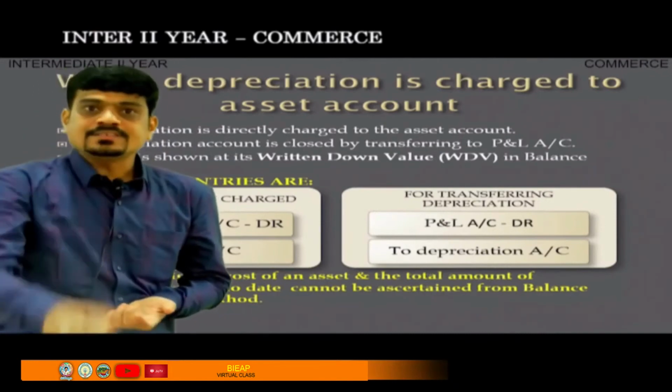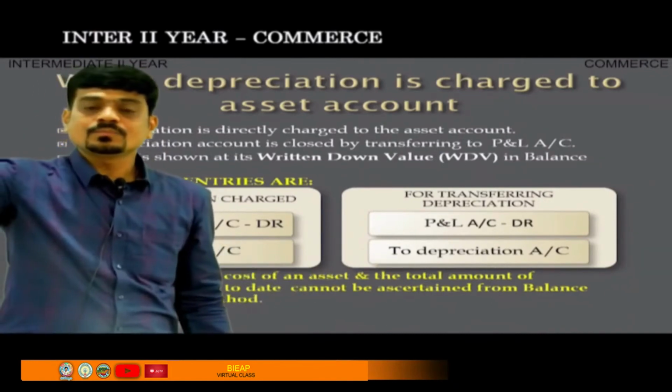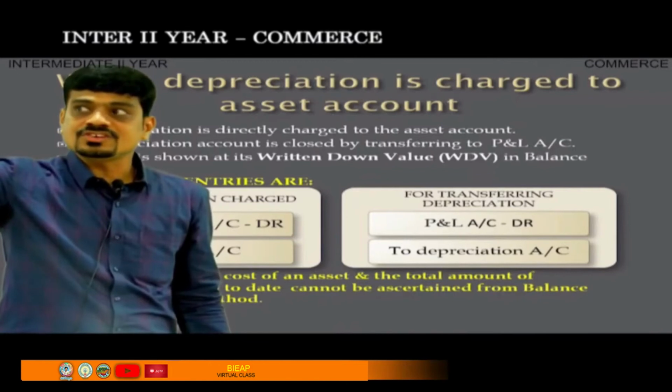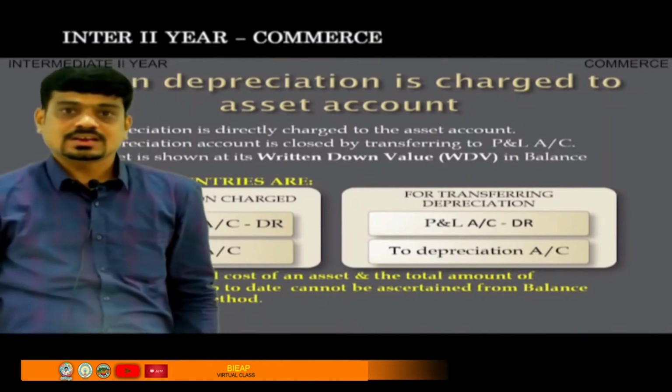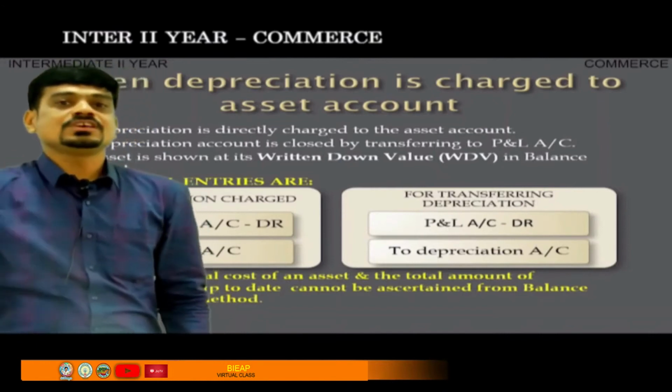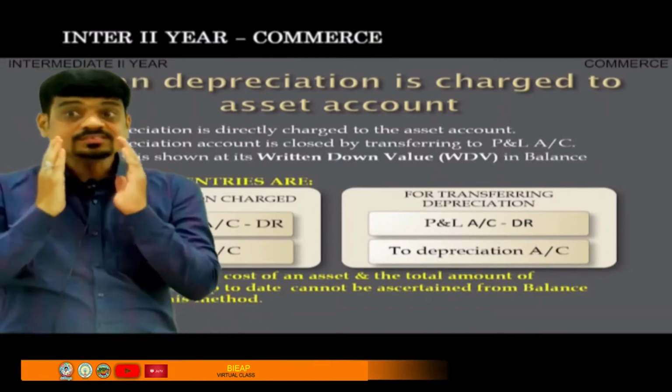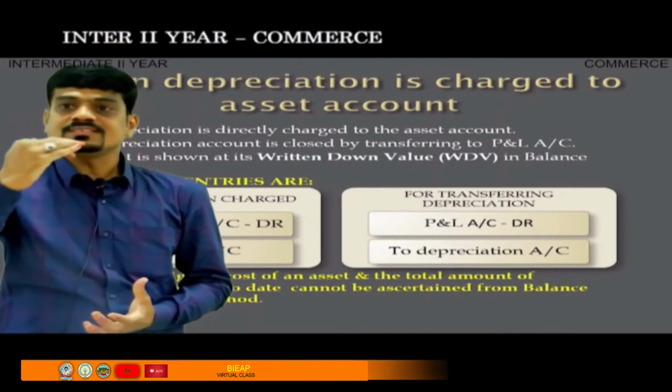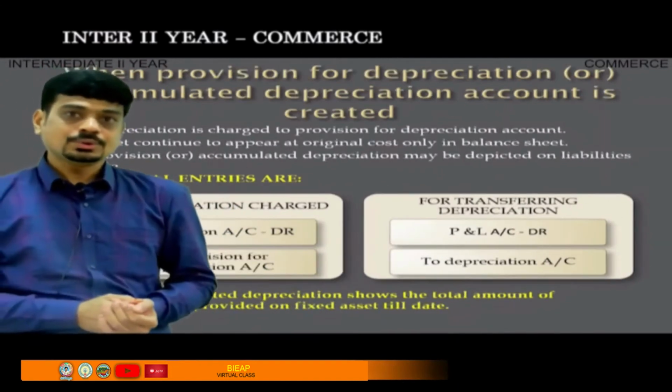On that principle, we transfer depreciation to the profit and loss account. So what is the entry? Profit and loss account debit to depreciation account. This is the first method. Now in the second method, what are we going to do?